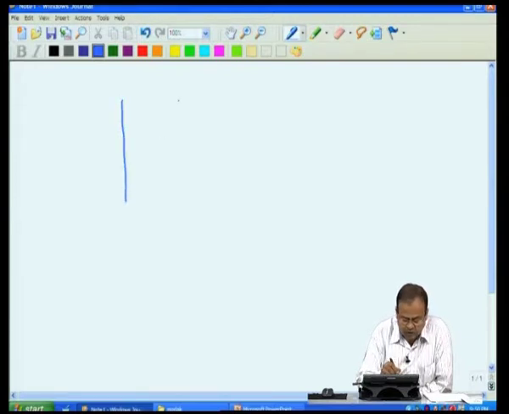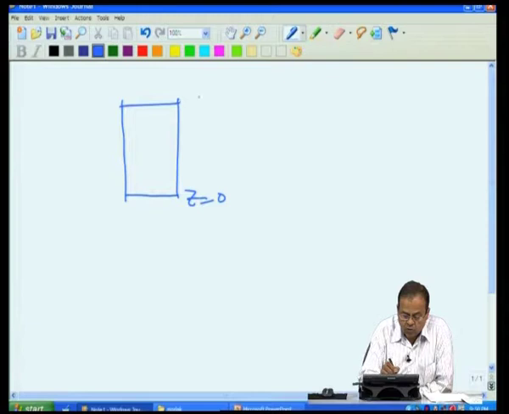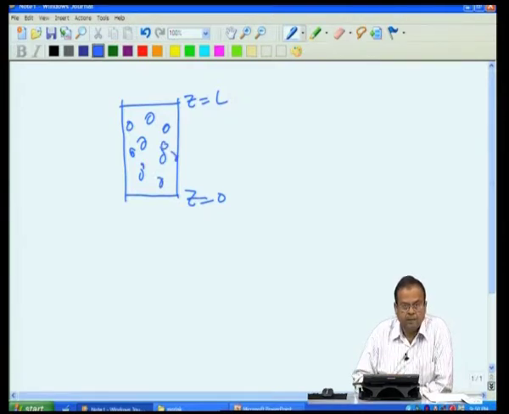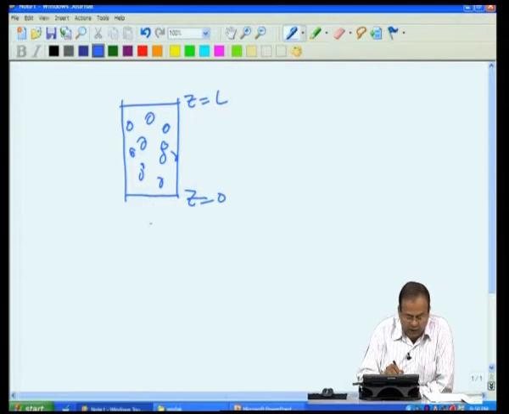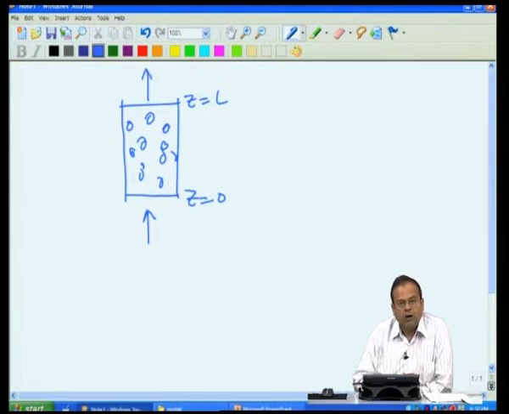Let us say that this is my reactor. It is packed with solids between z equal to 0 and z equal to L. So, there are solids all through this reactor. The gaseous components come inside the reactor, react in the presence of this catalyst and leave.